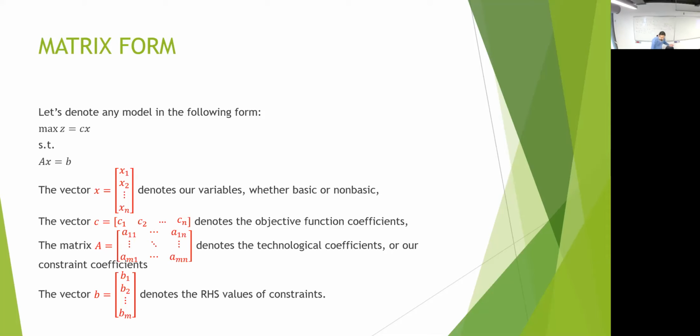Now, this form isn't enough. We have to dig deeper. We have to use more than one matrix to show A and c values, or more than one vector in the case of c, of course.